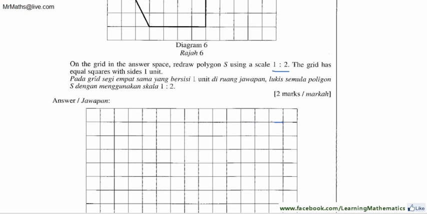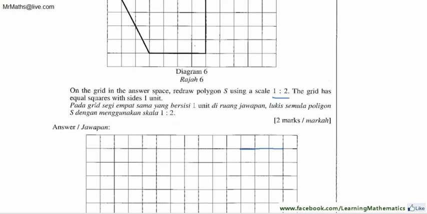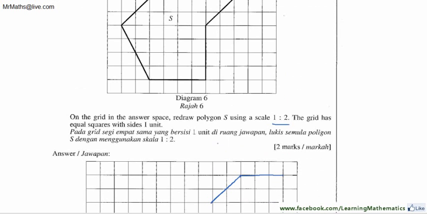Okay, 3 units over there. And what about the slanted space? This covers 4 boxes, so I need to do that in 2 boxes. 2 boxes down, and then slanted down. 4 units vertically, 2 units horizontally, so I need to do that in 2 vertically and 1 horizontally.